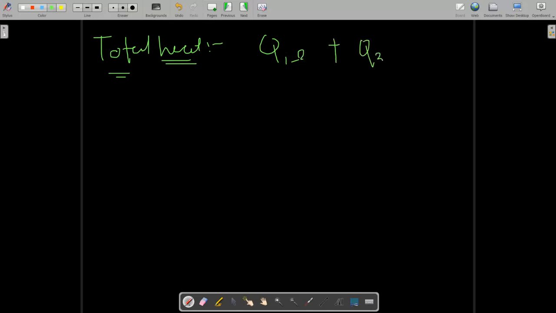The total heat is given by Q1-2 and Q3-4. Here 1 to 2 is H2 minus H1, the enthalpy difference, which gives the amount of heat added, and H4 minus H3, the enthalpy difference here.